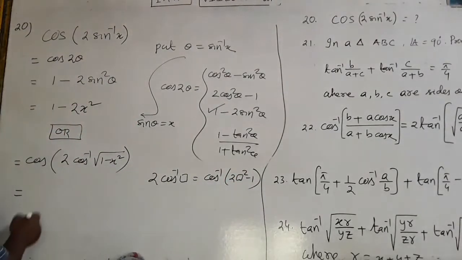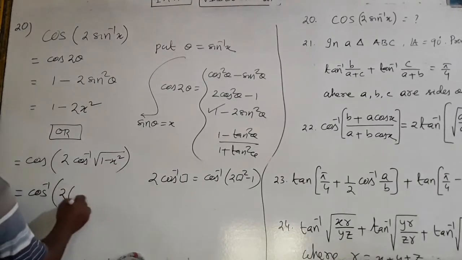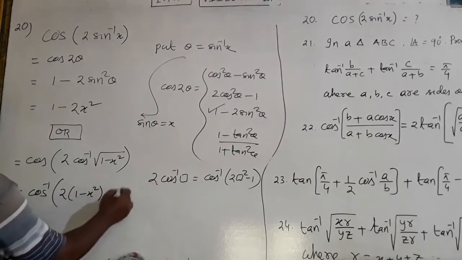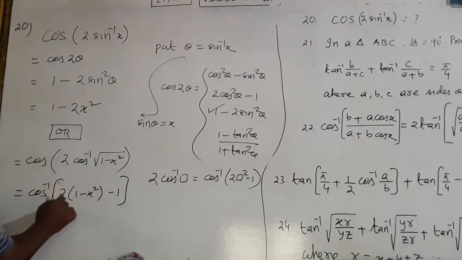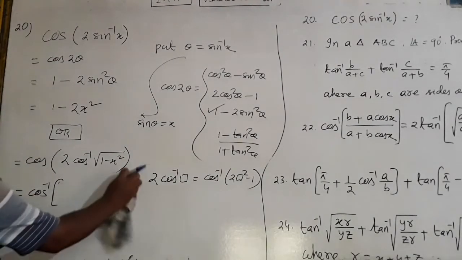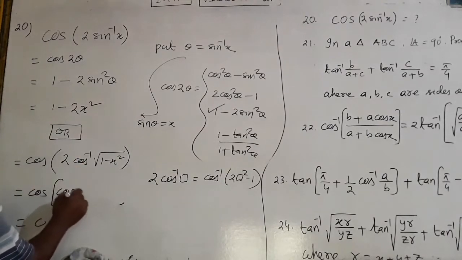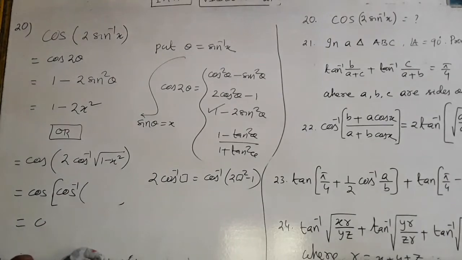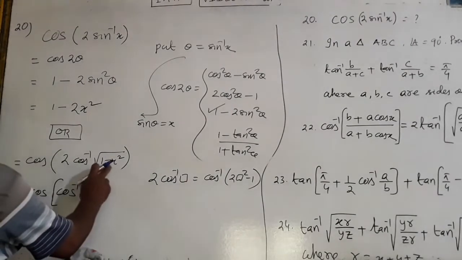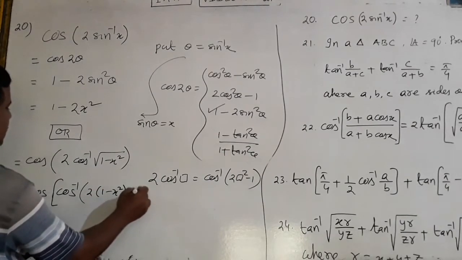It is cos inverse of 2 into the square of root 1 minus x square, minus 1.